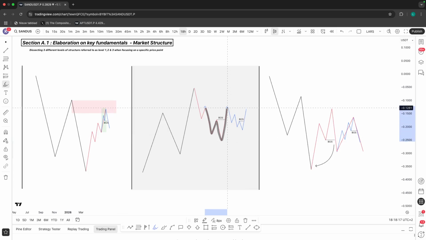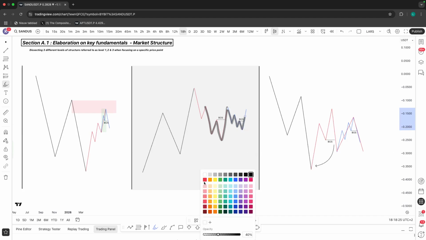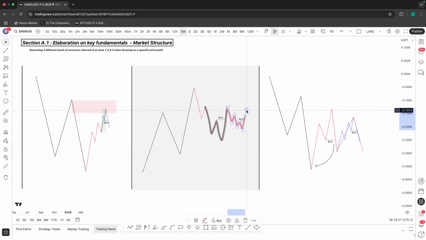And then this downtrend is going to be my level 2 breaker structure right there. And maybe after this break, price has some local retracements that also have structure. And that will simply be my level 3. Just like that.